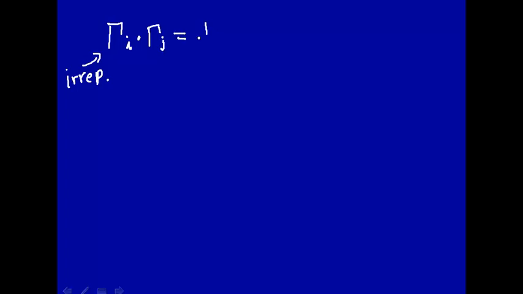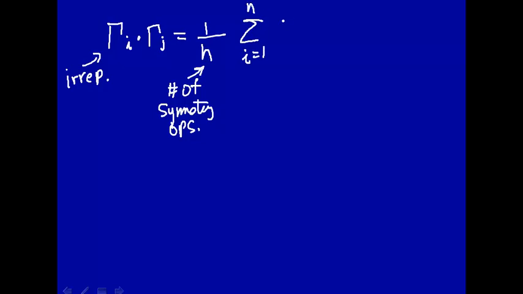That will be 1 over h, this is the number of symmetry operations, of the sum over i equal 1 to n of that particular value of the, I guess I'm using i and j, so let me use a k here, so as not to be confusing, times gamma j of k. What do we mean by that?